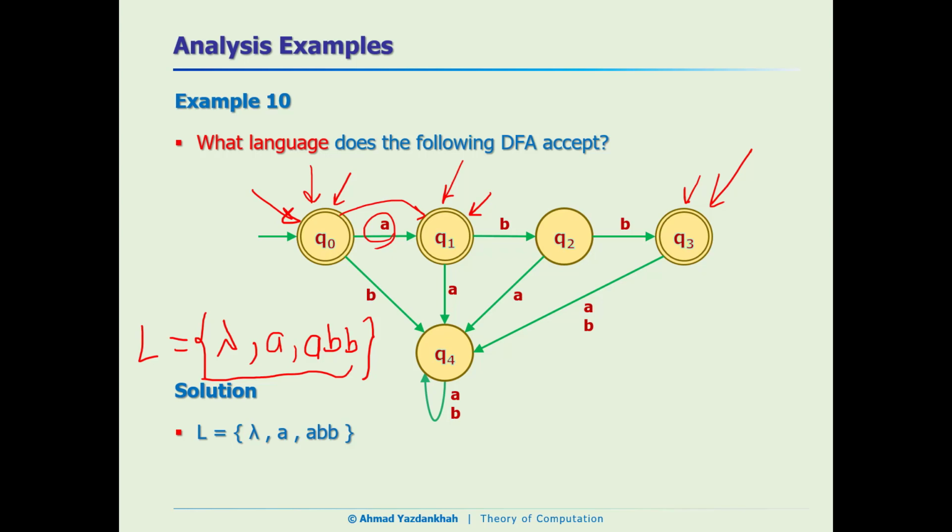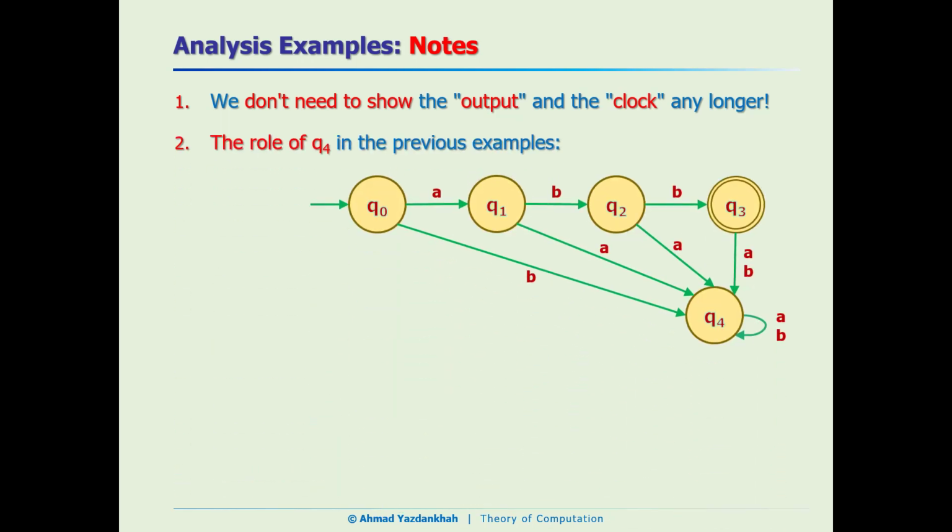Now, let me give you some notes about how the machine works. We don't need to show the output and the clock any longer. All right. The second note is the role of Q4. Q4 has a special role here, and it's important to know that.